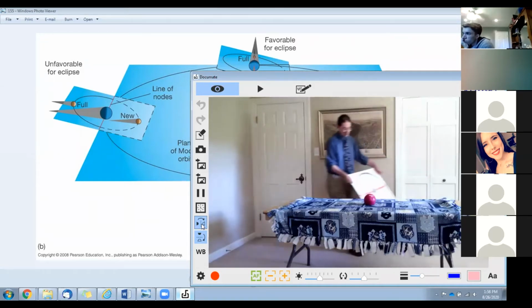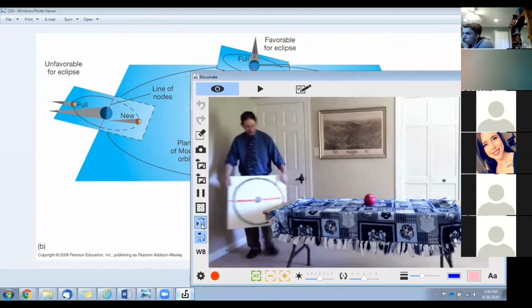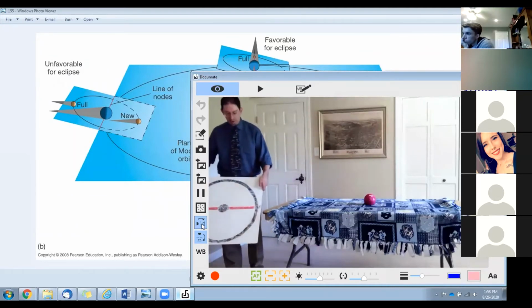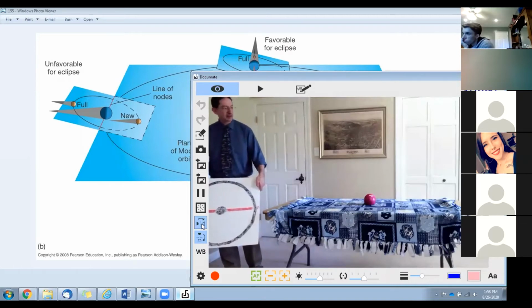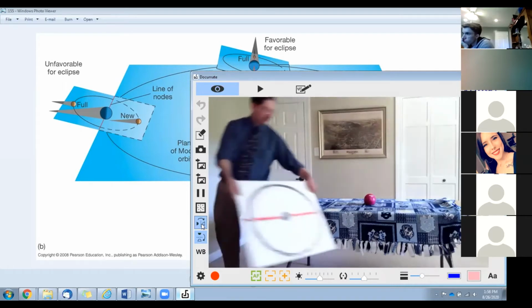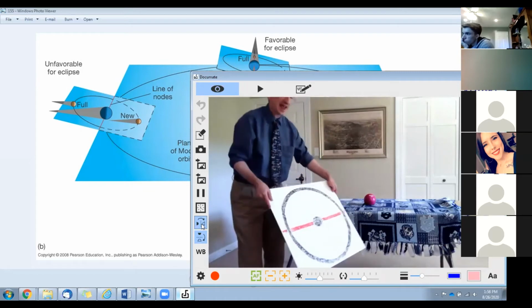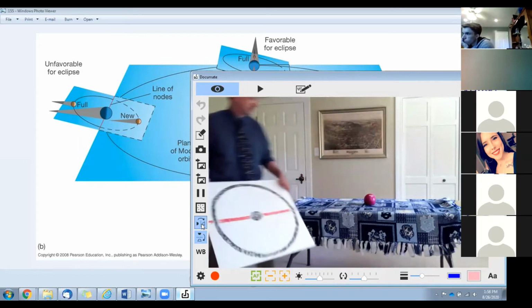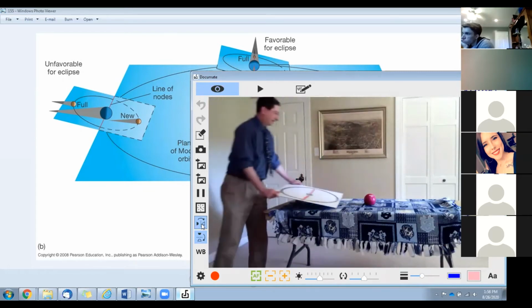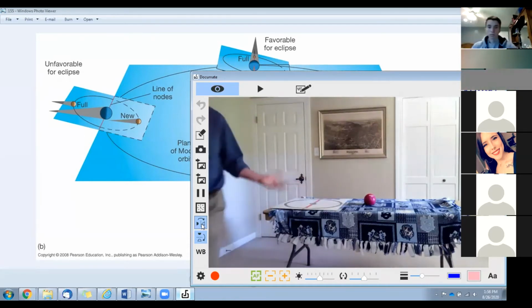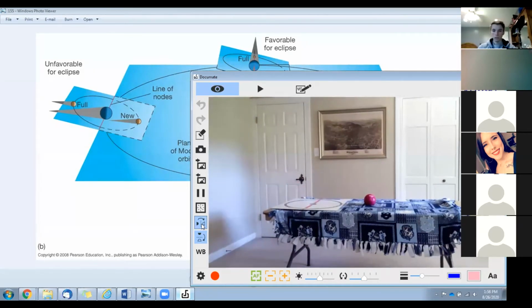We keep coming around here, I'm precessing as I go, and we hit it early. The red line is pointing to the sun early. Now I greatly exaggerate. It's only 19 days early, so instead of here, it's kind of like here, but I exaggerate so you can see the effect effectively. Okay, so the Earth-Moon system is behaving as a top.